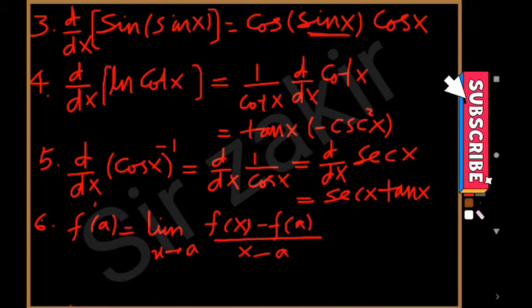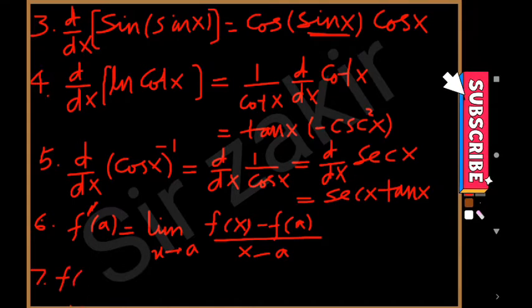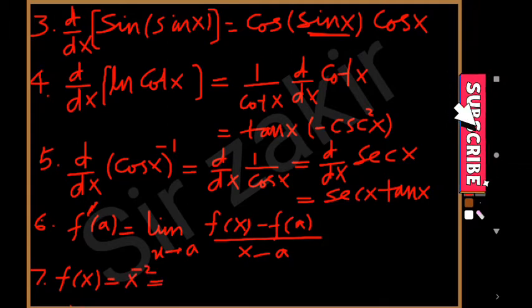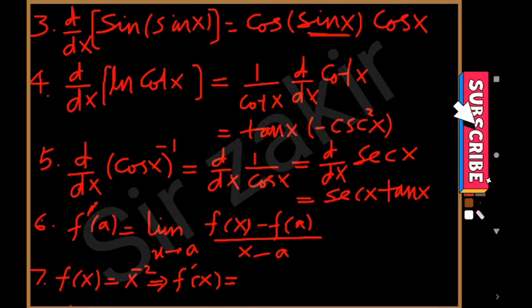Number 7: the second order derivative of x power minus 2. If this is f of x, x power minus 2, then f prime is obtained by using the power rule. The power is brought in the beginning, and power minus 1 will be minus 3. Then we differentiate it again.